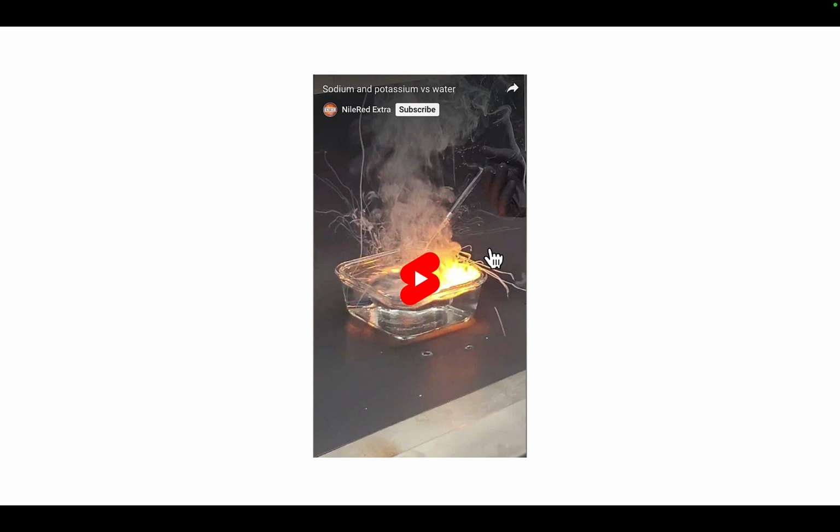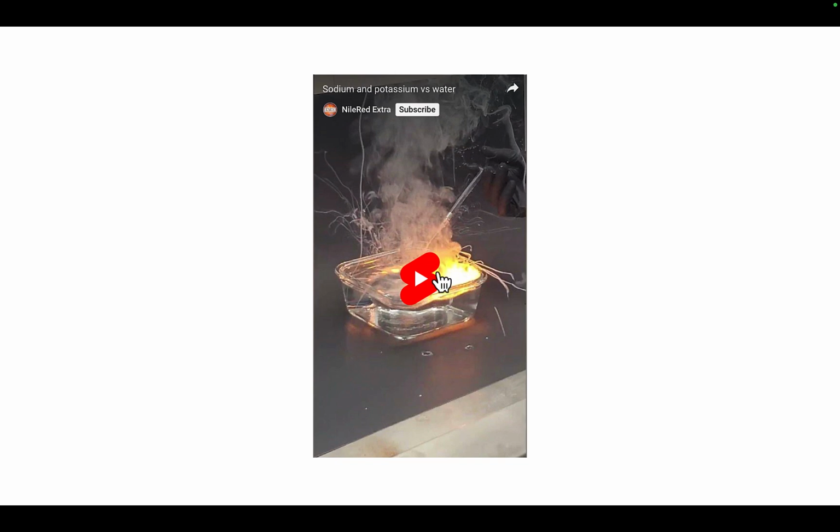So this right here is just a reaction of sodium and potassium in water. Sodium and potassium are both metals. We're pretty familiar with sodium and potassium, but they are actually reactive with water. And so when you store pure sodium or pure potassium, you actually have to store it in oil so that it doesn't react with the moisture in the air.